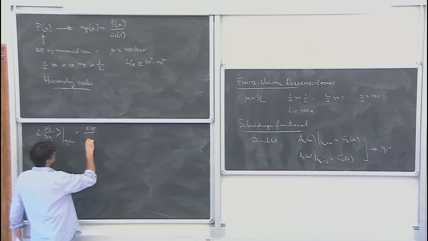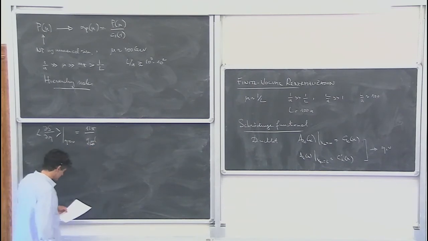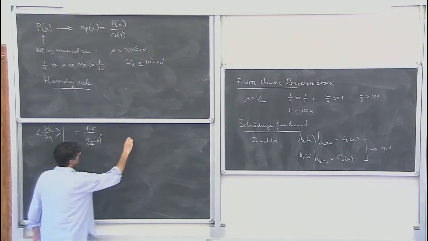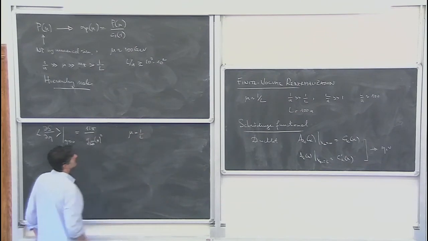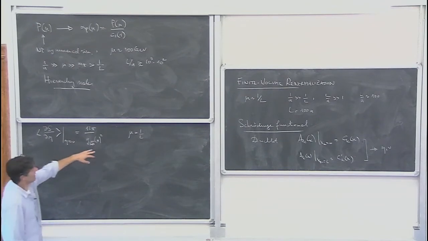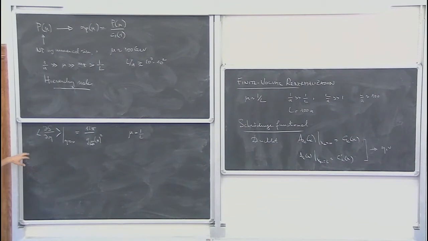This is 12 over pi times g_SF. This is called the Schrodinger functional coupling, which is defined at a scale mu squared, where mu is 1 over L. Okay? So, the Schrodinger functional coupling at a scale which is fixed by the volume of the box in physical units is obtained by computing this quantity.